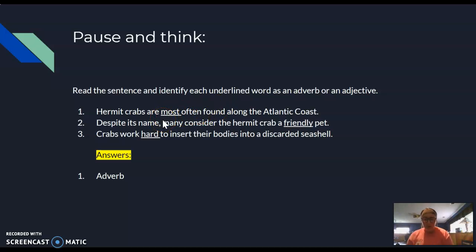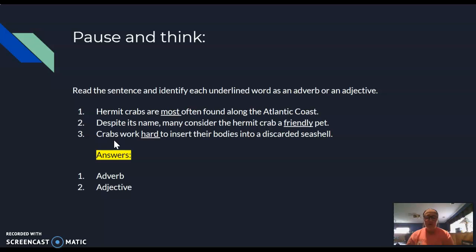That's an easy one because if you look around the word, the closest nouns are crabs and coast. Most crabs, that's not what it's saying. Most coasts, still not what it's saying. It's saying most often. So if you look directly at what word is being modified, you can really quickly make the distinction. That's obviously an adverb because it's modifying another adverb. Only adverbs can do that.